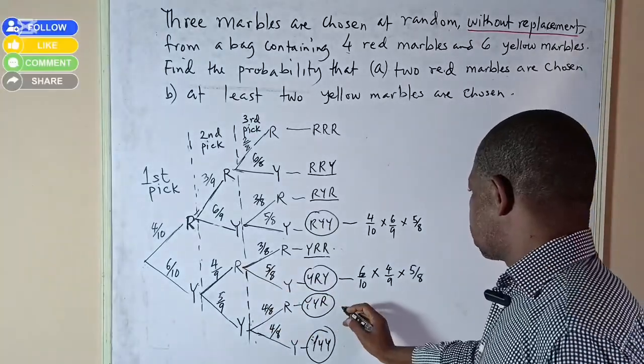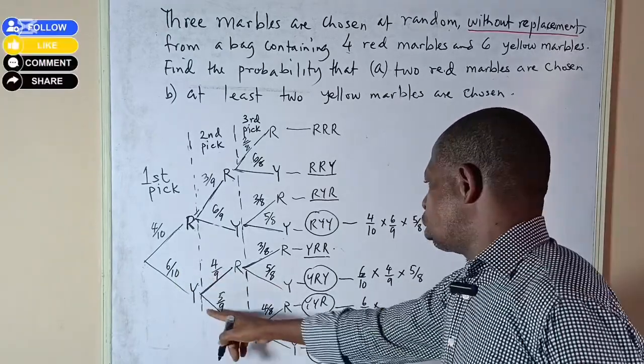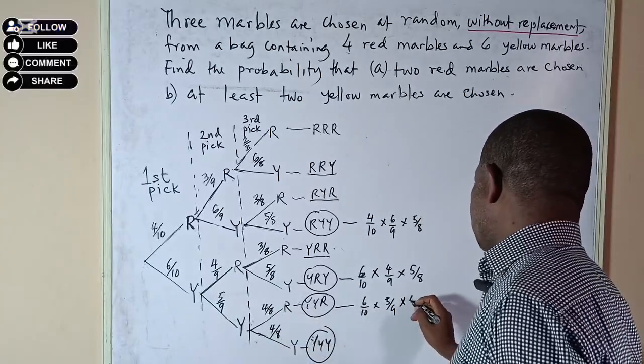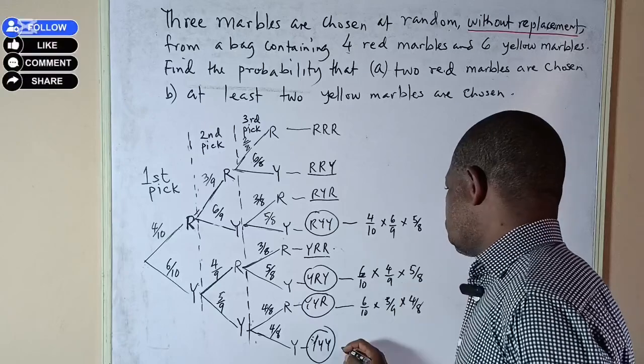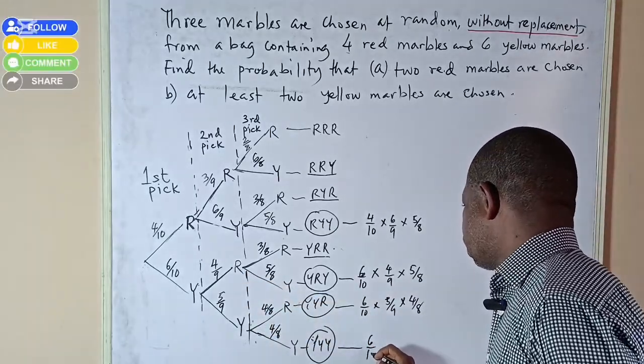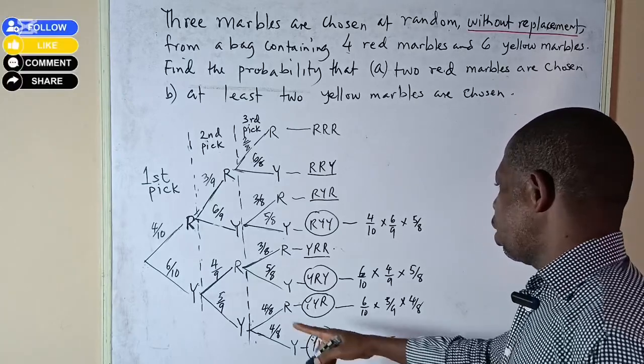And then we come to this case, we have yellow, 6/10, yellow again, 5/9, and then red, 4/8. And then finally, we have 6/10, we have 5/9, and then we have 4/8.